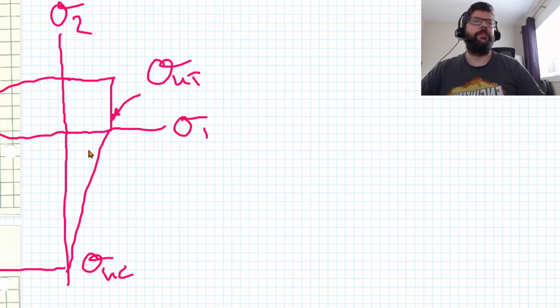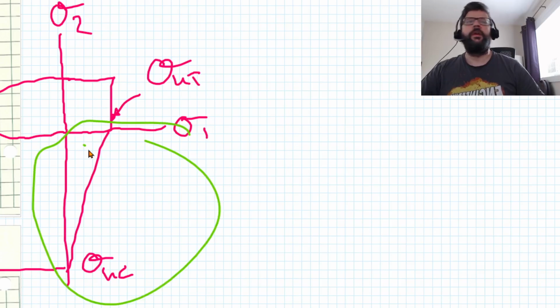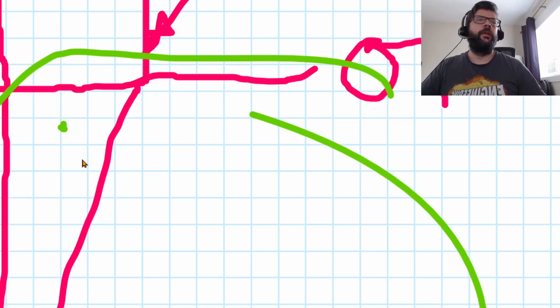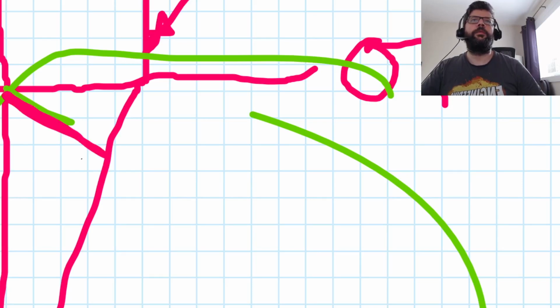We can plot that position. We know it's going to be somewhere in this quadrant. We can plot its position, and then we can figure out the ratio of the size of this line here versus the size of the line that goes all the way to the edge of the failure envelope.